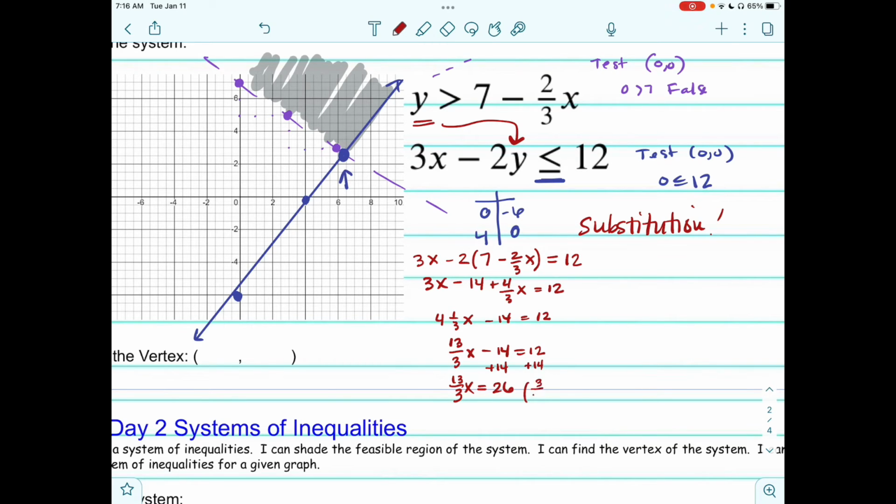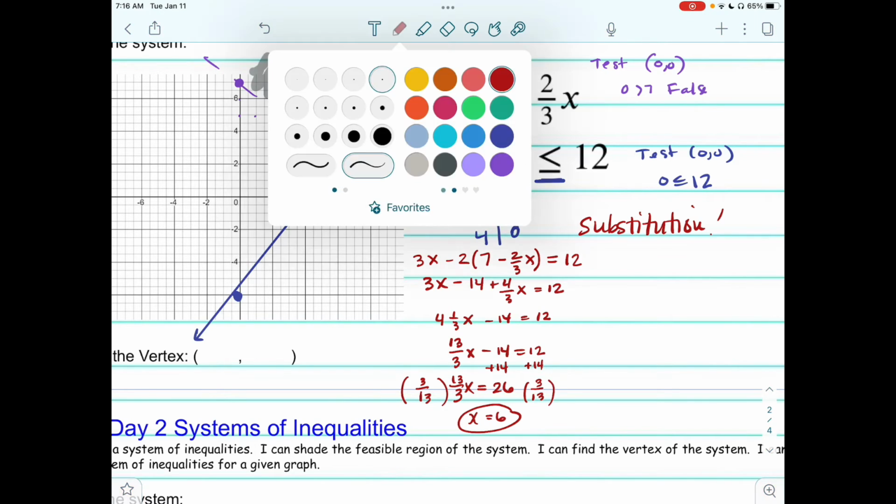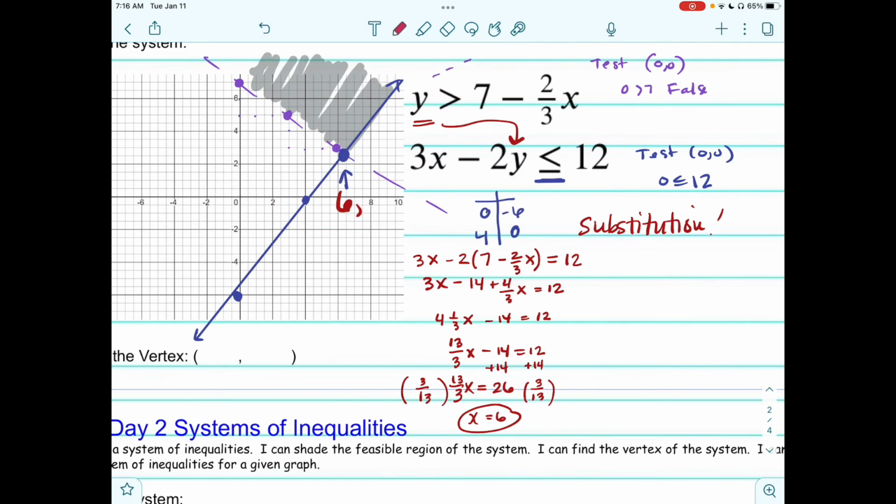And I have 13/3 x equals 26. I'm going to multiply by 3 over 13, and I get x equals, and I would love for you guys to verify this, x equals 6. And that looks right. My graph is a little off, but it's pretty darn close, right? So 6 comma, and to find the other part, remember I'm going to plug it back in into the y equals, 7 minus 2/3 times 6.